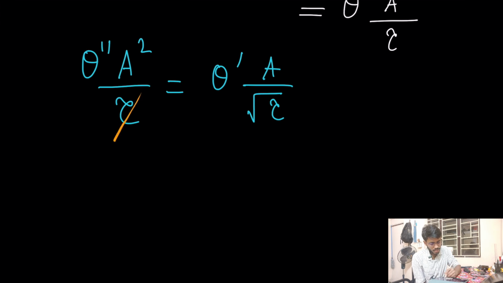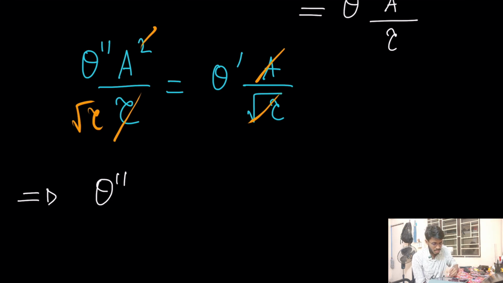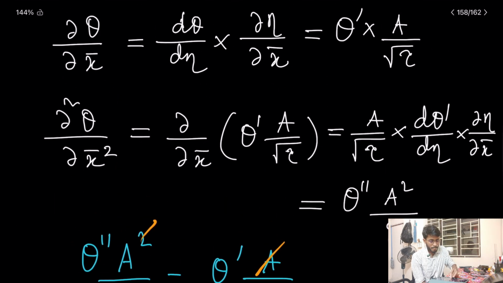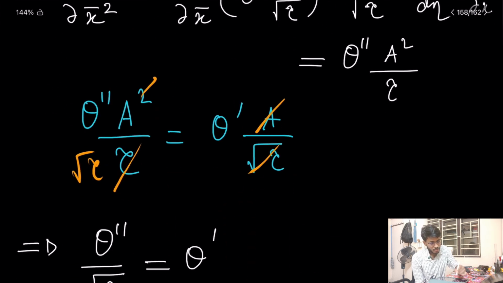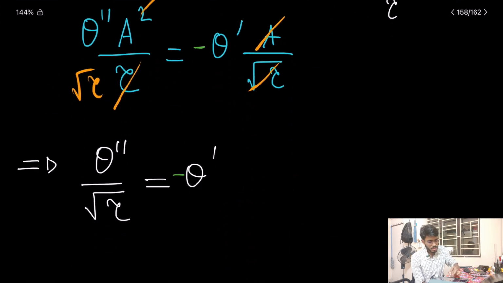Here if I cancel this and this, I will have root tau, and I can cancel this power. Then I will have theta dash. There is one minus, so here I will have one minus and also one minus here.